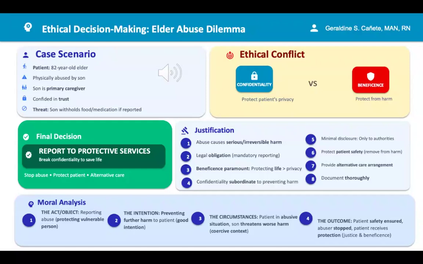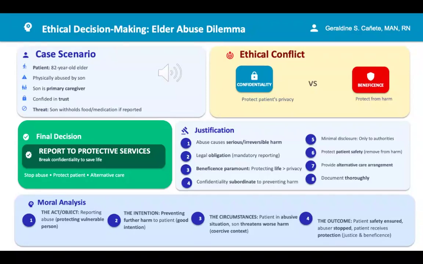However, this decision should not be made lightly, of course. It requires careful consideration of all of the relevant factors and a commitment to protecting the patient's rights and dignity. Okay. Now, here's the justification for that decision.